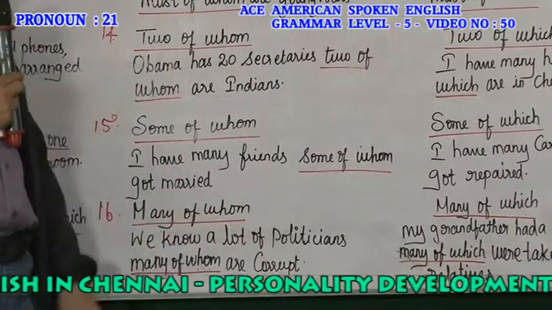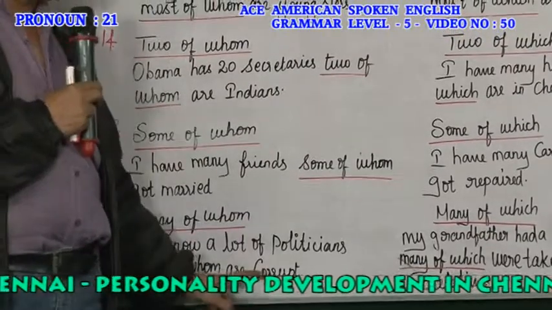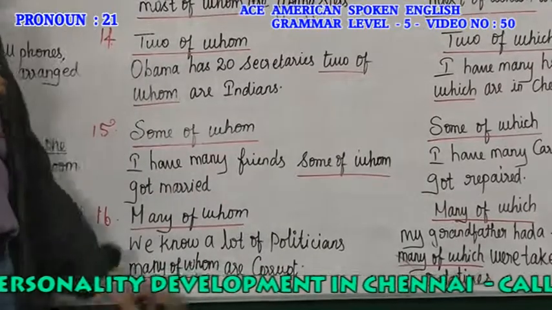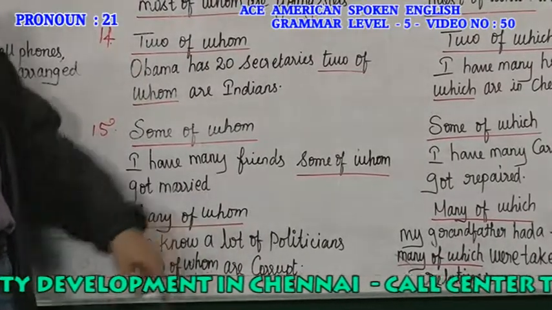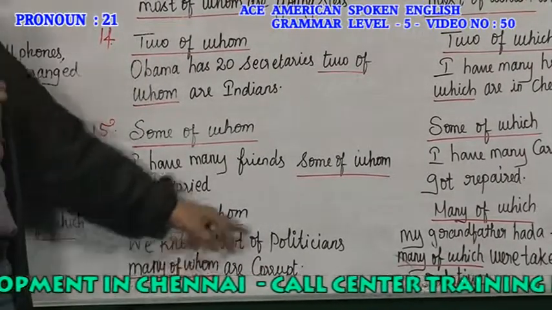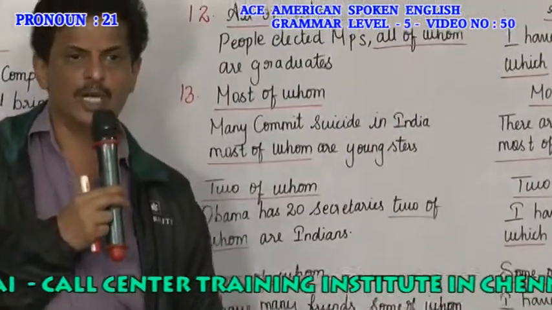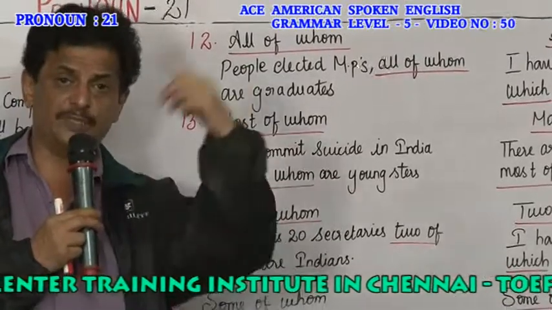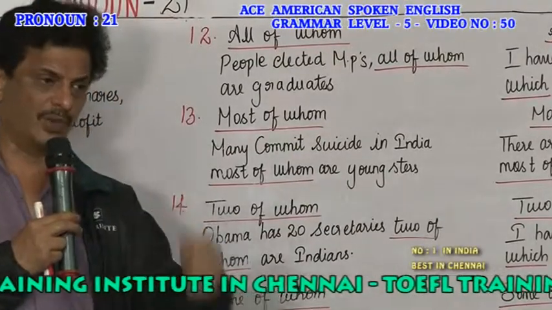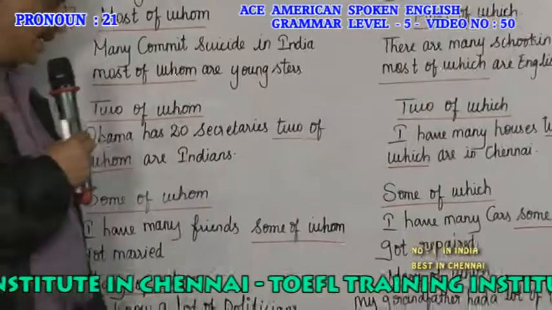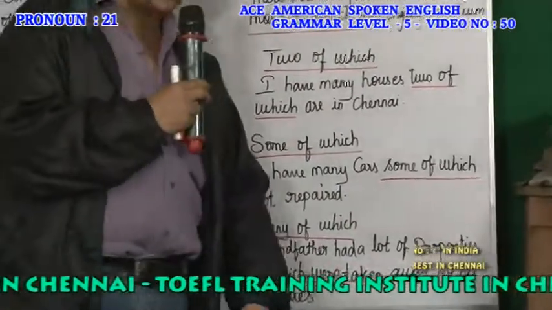Out of the politicians, many are corrupt. It comes with a verb, so it becomes one sentence, which depends upon "we know a lot of politicians". This whom stands for the politicians. When you want to say about the object in the main sentence, then you are using whom. That too, you are getting a sentence, using the verb "are".